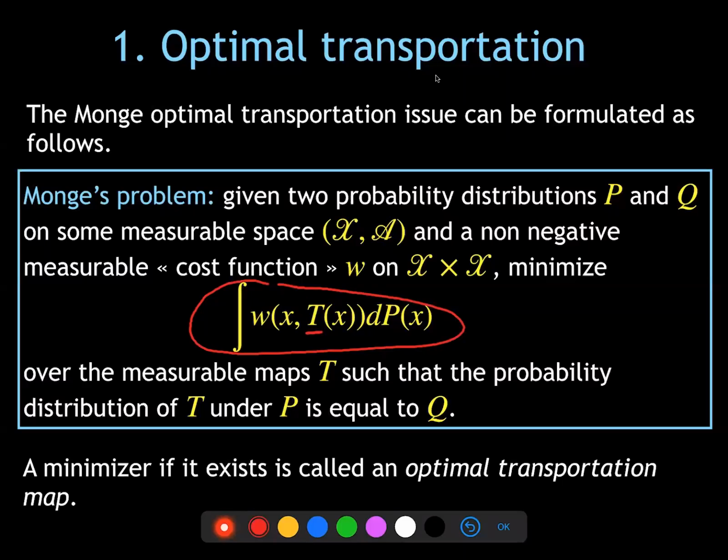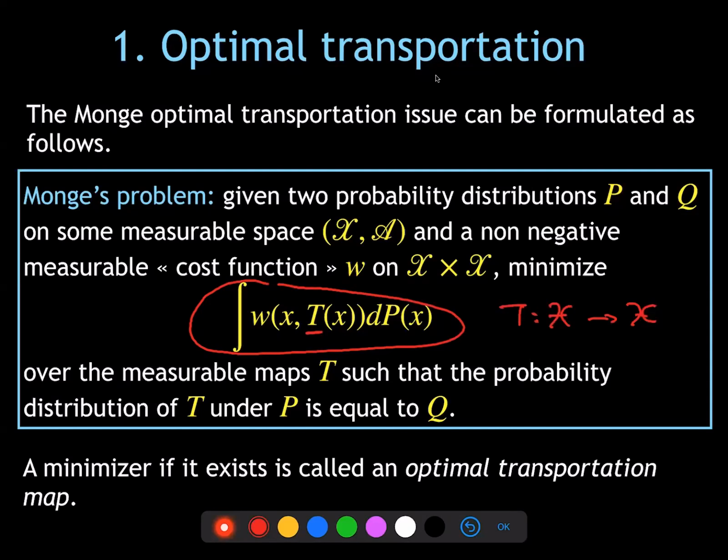You have this map T, which goes from X to X. Okay, it's the same space. T goes from X to X. Usually you have a space here which is called omega, and here you have another space.